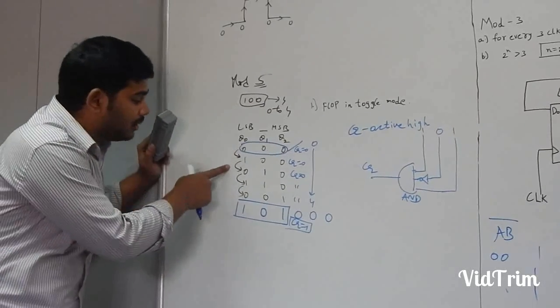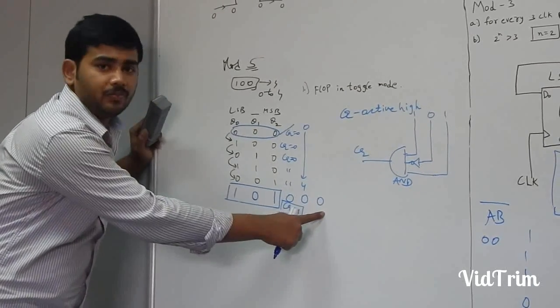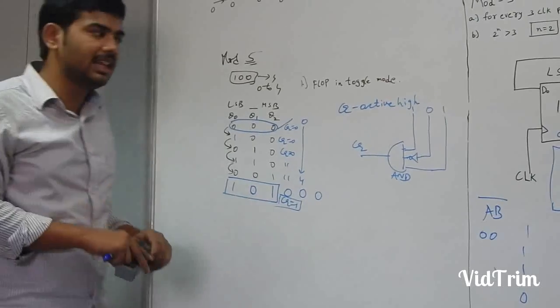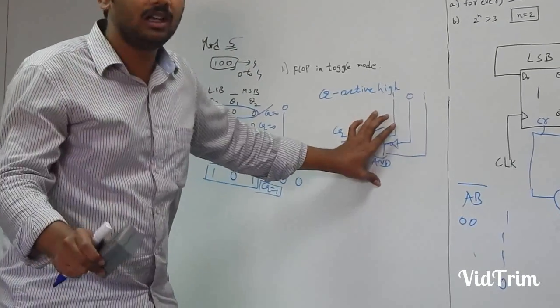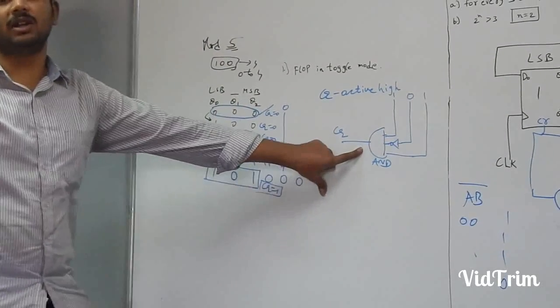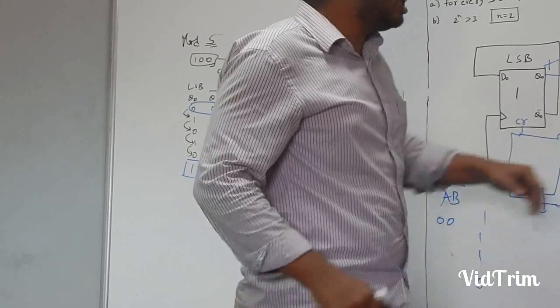But our requirement is that after passing through 4 states, 0 to 4, the next state should be cleared. So you should use your mind and design it in such a way that only for that particular state my clear pin will be activated, and only at that time it is cleared. This is true for any counter.